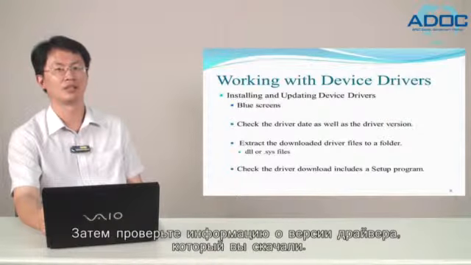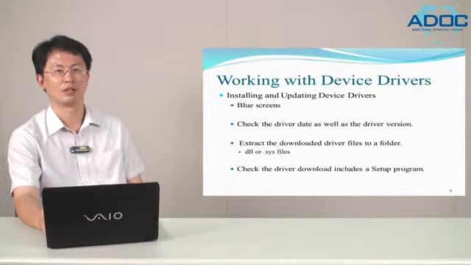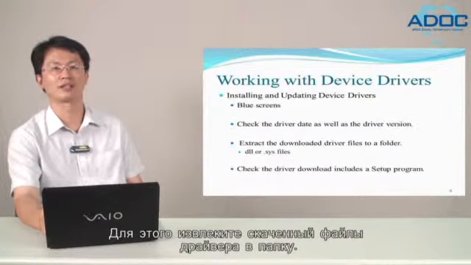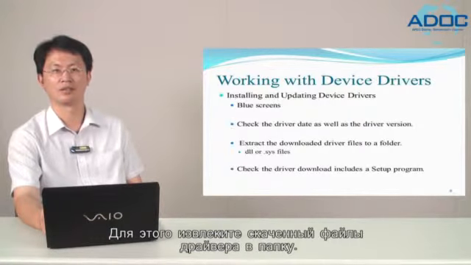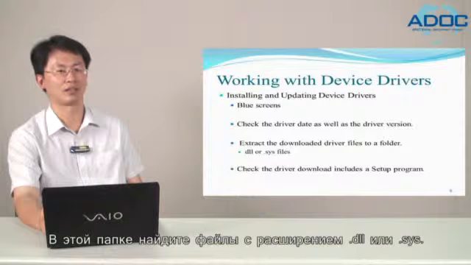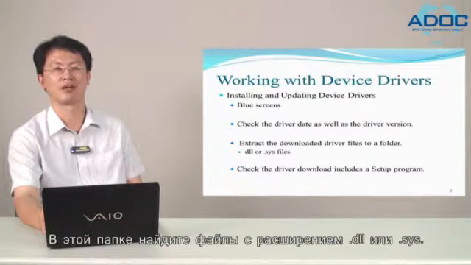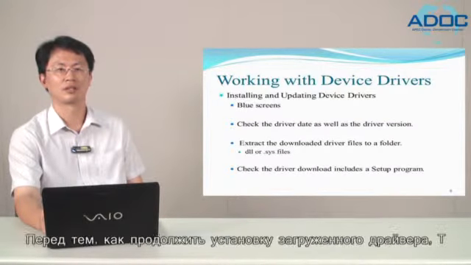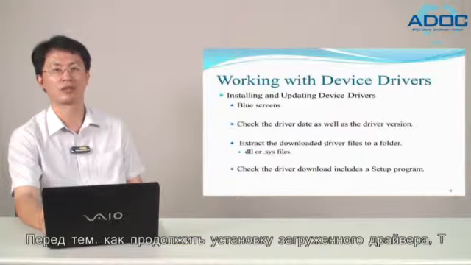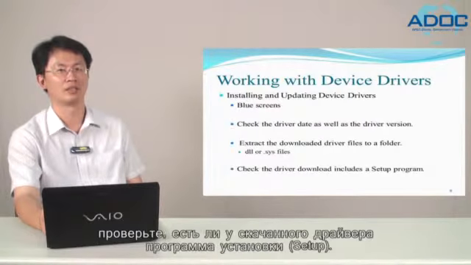And next, check the driver version information for the drivers you downloaded. To do this, extract the downloaded driver files to a folder. In the folder, you should find .dll or .sys files. To continue with the installation of downloaded drivers, check to see whether the driver download includes a setup program.